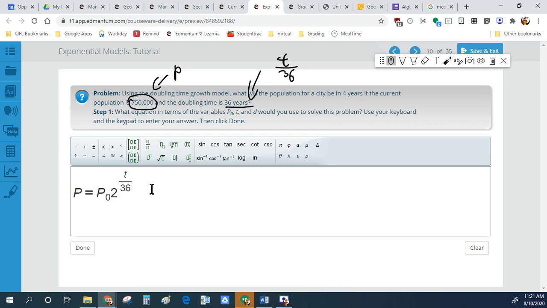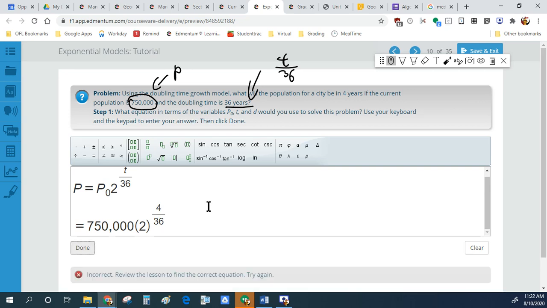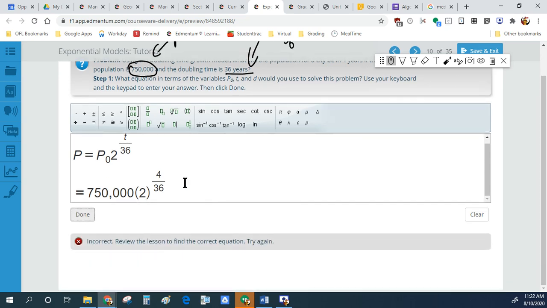So this would be equal to 75,000 because we know what our P naught is. Parentheses 2. I'm going to raise the exponent. Oops, that was supposed to be a fraction. Fraction 4 divided by 36. And let's see what Admentum actually wants for the answer, because it's usually very picky. Of course.